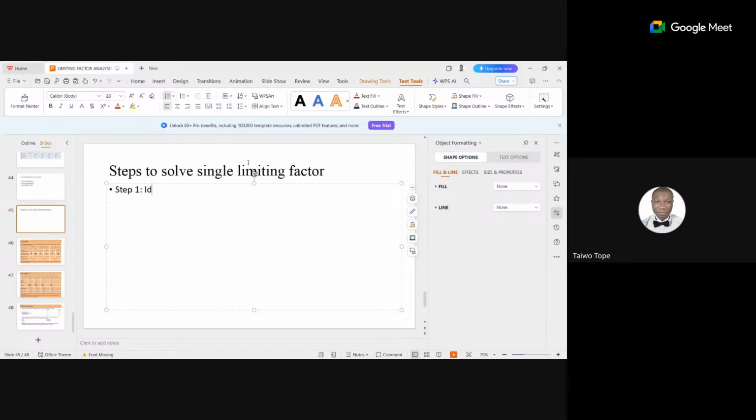So we need to be able to identify the limiting factor in a question. It's very important because you can read a question and not know what the limiting factor is. Identify the limiting factor. And how do you do that?